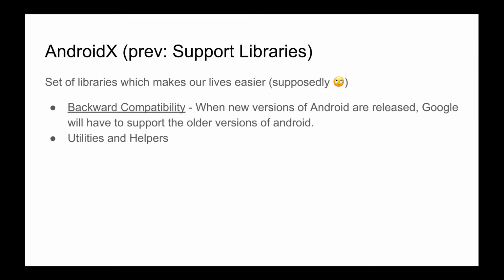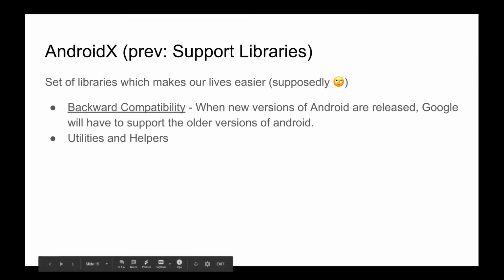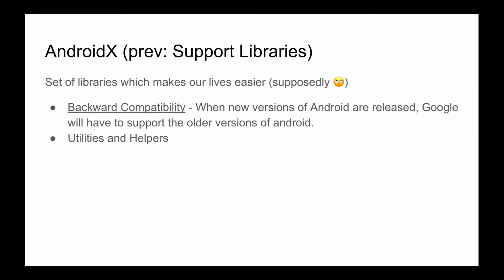Those things were not supported in KitKat and previous versions. So Google had to do something to support the previous versions of Android. That's when they released the support libraries, which is now called Android X, a namespace for all the libraries which were previously under support libraries.